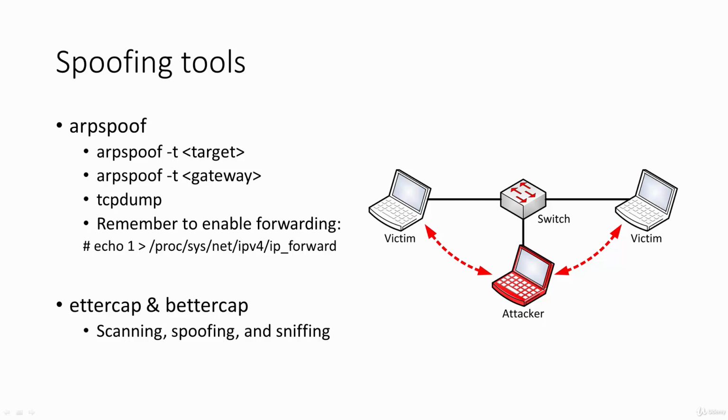The easiest way to do that is, of course, being on the same VLAN with other hosts, or being on the same Wi-Fi. If you are on the same access point, you can spoof anyone, unless there is a specific configuration that isolates guests or does some other way of protection.